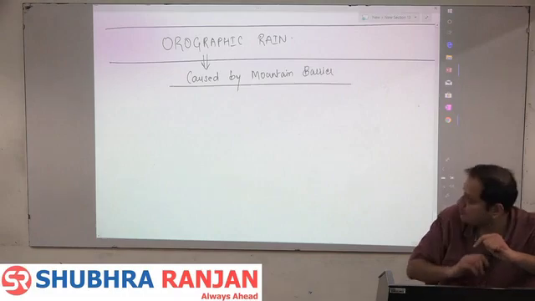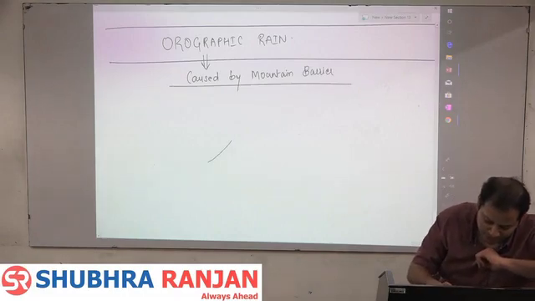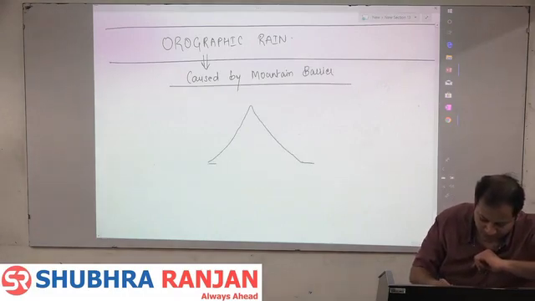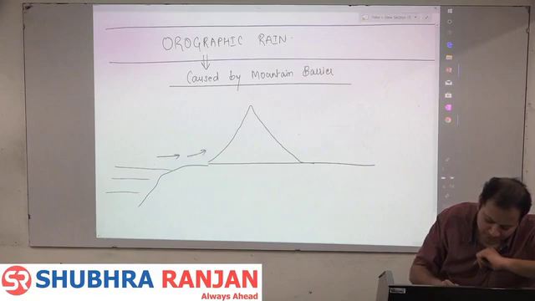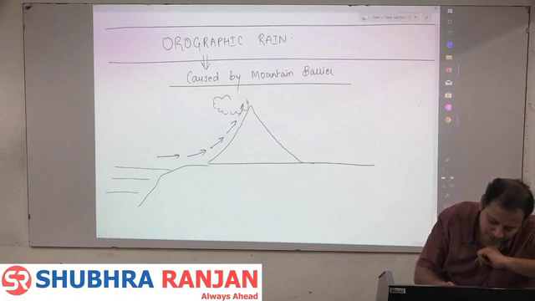It is caused by a mountain barrier in which the wind is forced to rise upwards by the mountain barrier, cool adiabatically, and therefore give very, very heavy rainfall as it is going upwards.